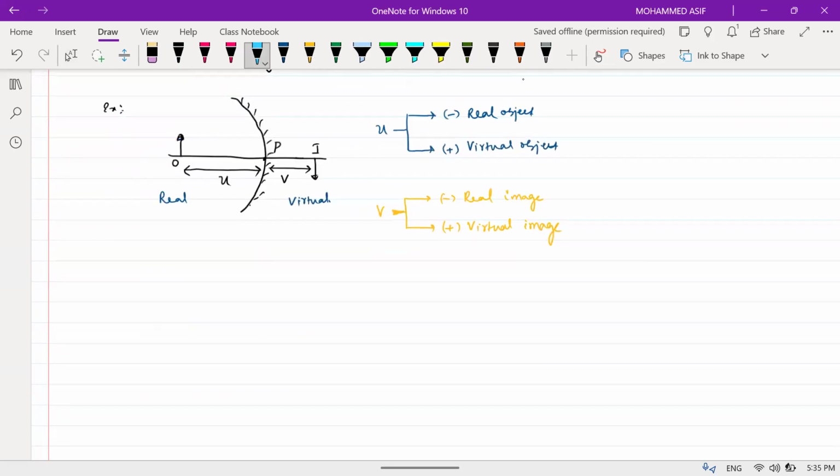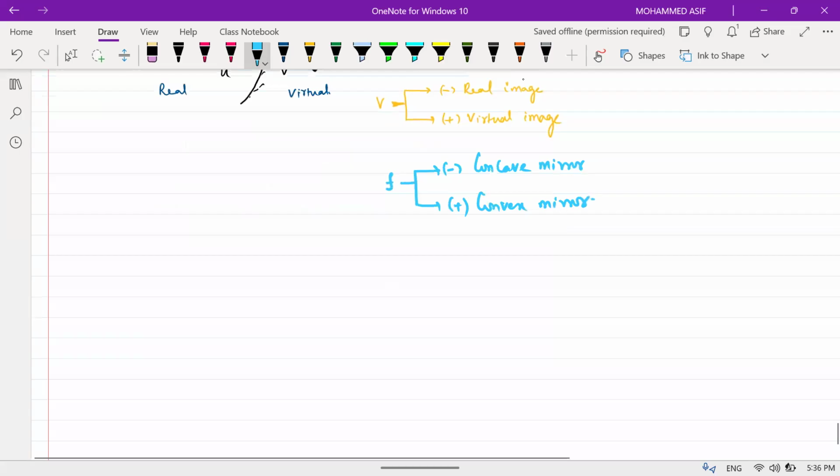అదేవిధంగా focal length f. F is also right now for me, f is negative for your concave mirror. Okay, and focal length is positive for your convex mirror. Okay, magnification కూడా చూడండి అదేవిధంగా.